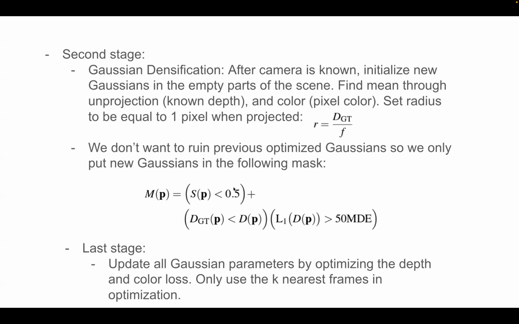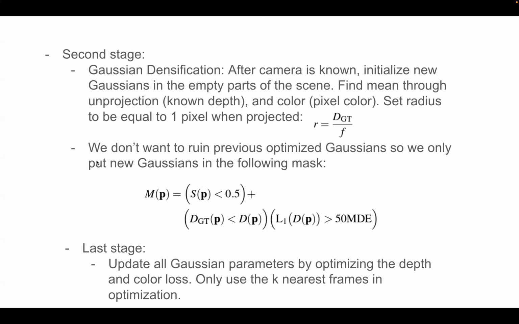So that's the parts that have a silhouette of less than 0.5, and they unproject some of the pixels in the incoming image using the depth and the known camera parameters to get new means for new Gaussians, and set their color to the pixel color and the radius so that its radius would be equal to 1 when it's projected back onto that image. That would be the ground truth depth that they get from the RGBD image divided by the focal length.